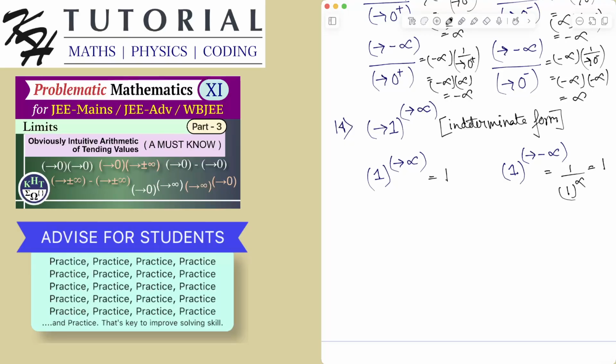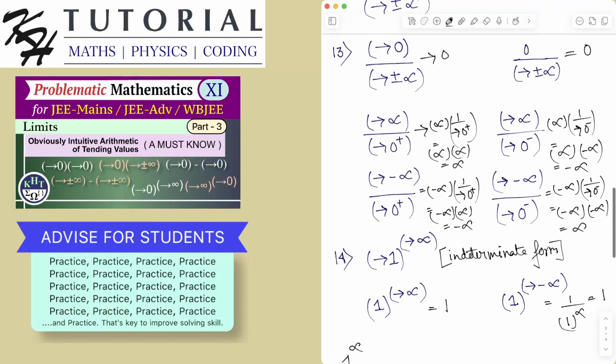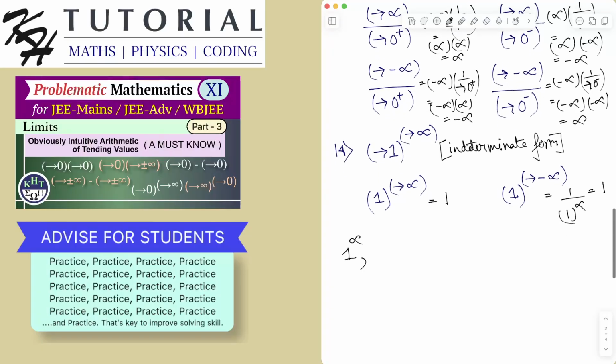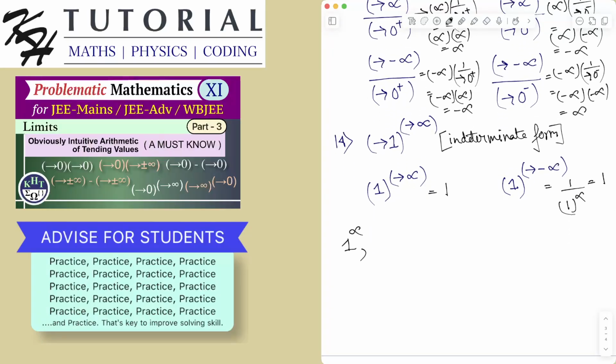Usually we say the indeterminate forms are 1 to the power infinity. Over here we mean it is not exactly 1 but a value tending to 1. So this is one indeterminate form. The other one was infinity by infinity.